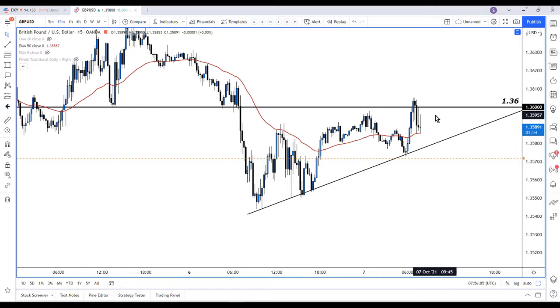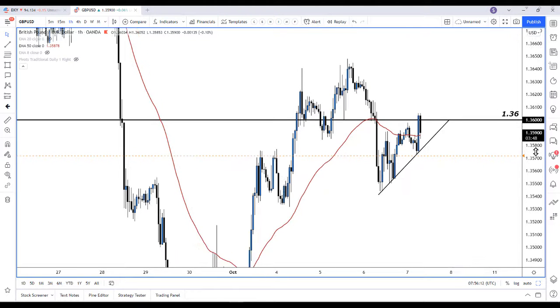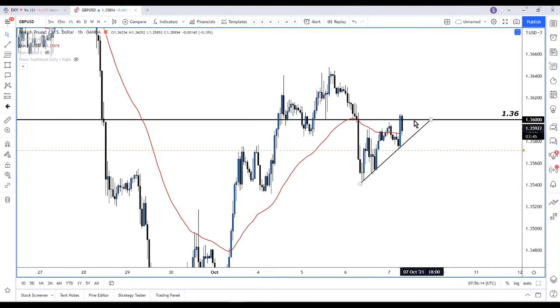If you did, you got some pips under your belt there. Not too sure where you would have put your stop though, to be honest with you. Or whether you can just have like a fixed 20 pip stop maybe, but if you did, you're in the trade. Well done.